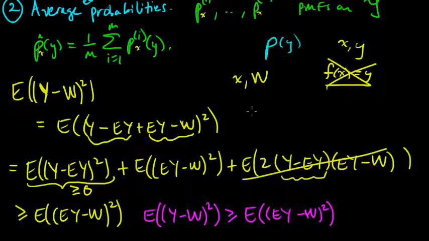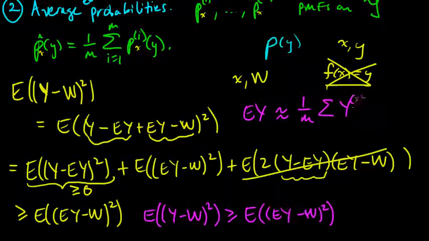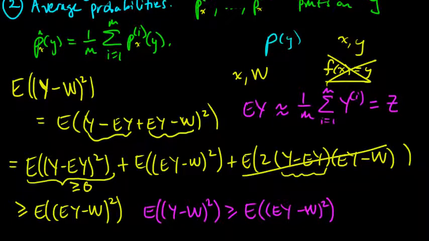Well, the mean of Y can be approximated by 1 over m of some IID draws from the same distribution as Y, right? The law of large numbers tells us that. And that is precisely Z, where Z is our aggregated estimator.